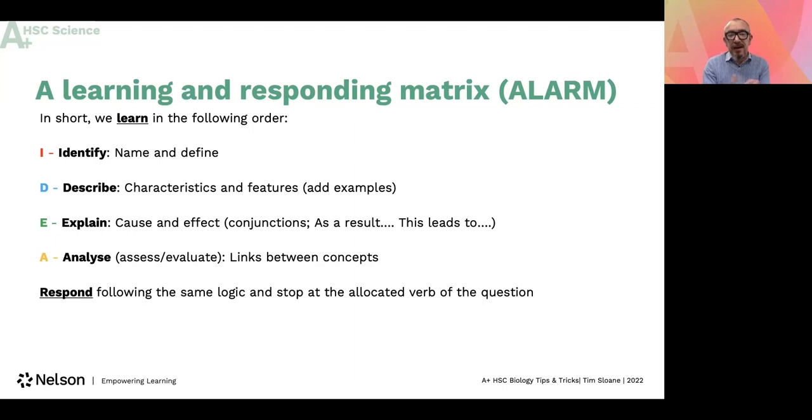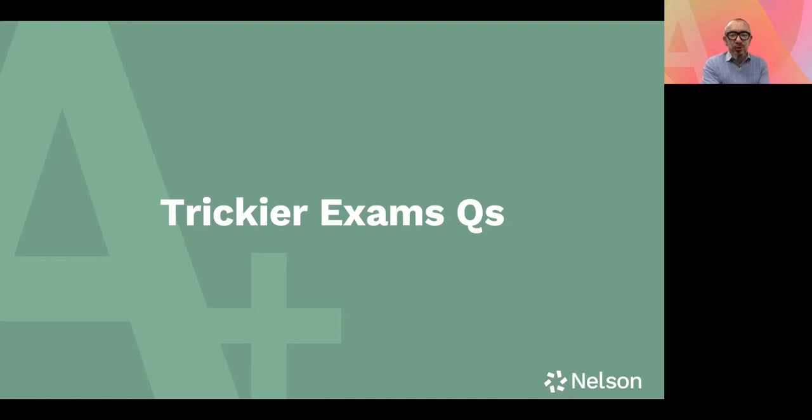Don't go spending 15 minutes writing a really long response to a 2 or 3 mark question. Let's put this all into practice. I'm going to take you through some of the trickier exam questions that I've encountered over the years, or some of the ones that I found quite interesting, and that we can apply some of these concepts I've covered with you in the previous part of the presentation.